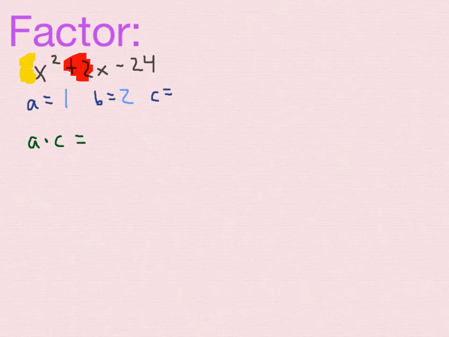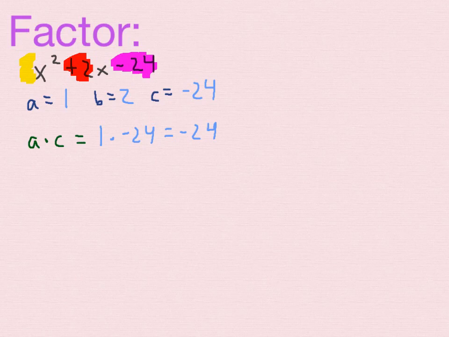And your c is coming from the constant. Remember to take the negative with it, so it is a negative 24. Now we're going to take the a times the c to get negative 24.